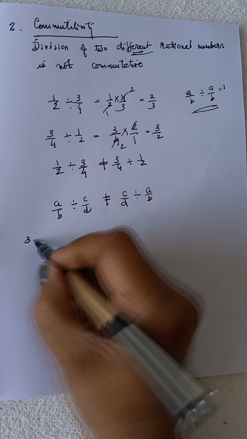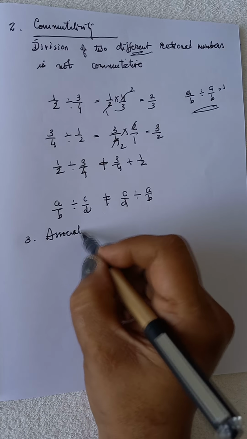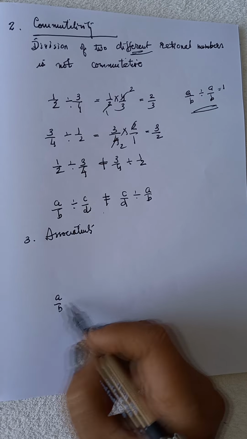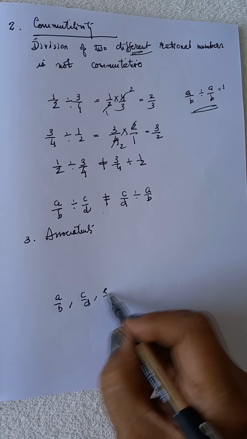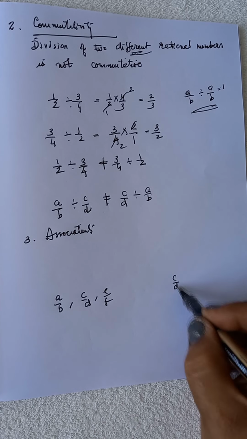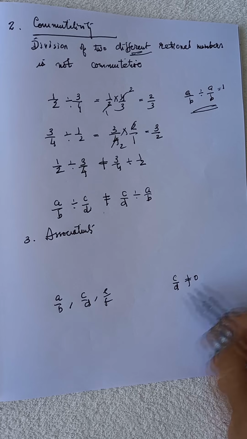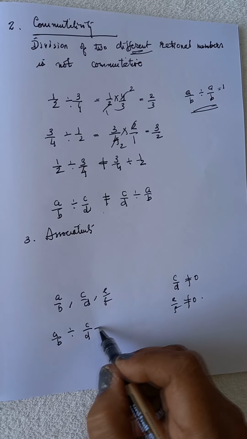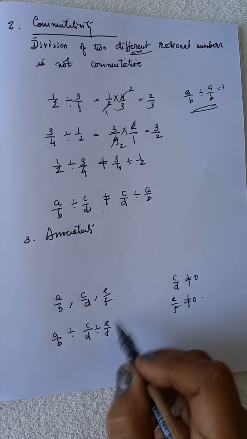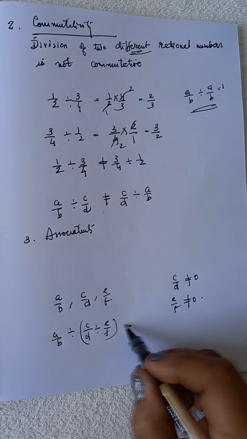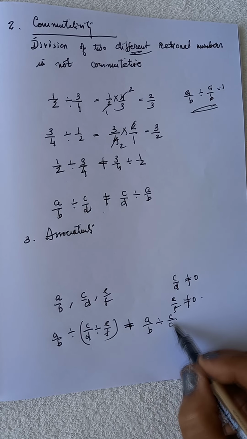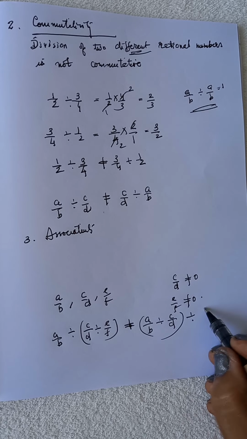Now, the third property is associativity. Here, if you take rational numbers A by B, C by D and E by F, with C by D not equal to 0 and E by F not equal to 0, then A by B divided by C by D, divided by E by F, is not equal to A by B divided by C by D divided by E by F grouped the other way.